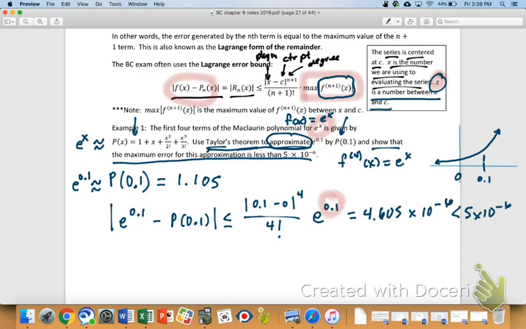Since we know concretely what e to the point one is and what the polynomial at point one is, why do we have to say less than or equal to? This is what I said earlier. You need to suspend your knowledge of the fact that you have a calculator in front of you. I'm starting you off with something really graspable.